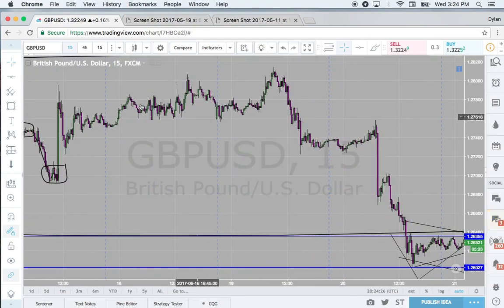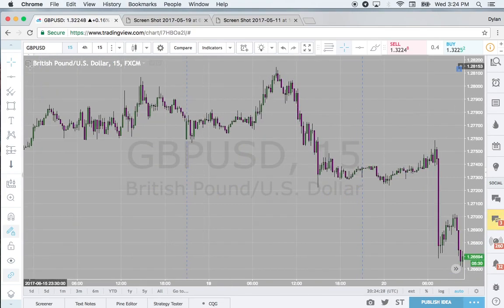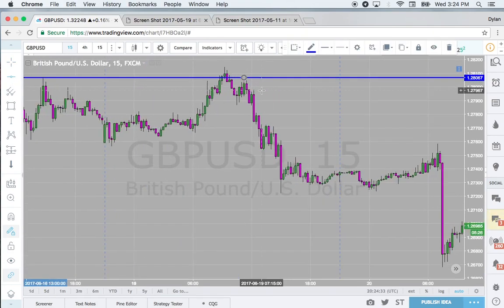So for example, here is an M formation. Here is the high that was created, and this was a valid M formation. It worked the high for 30 minutes and then dropped. That was perfect.